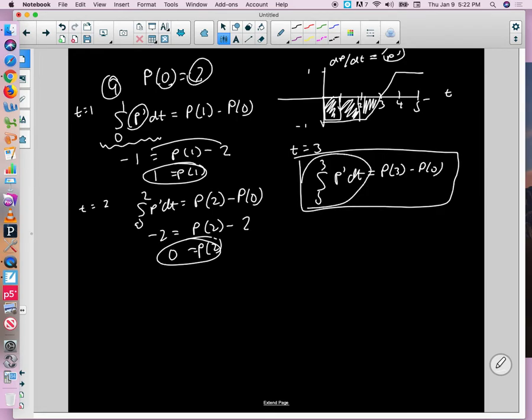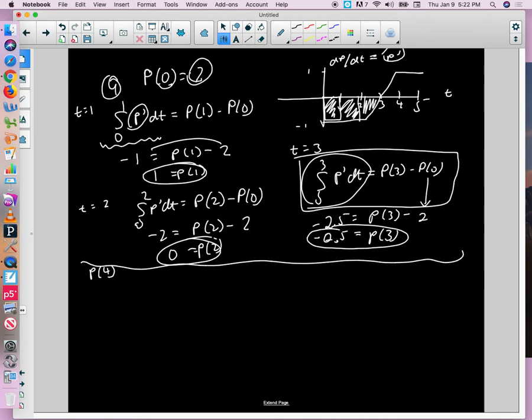Then I figured this out as negative 2.5, p of 3 minus 2. So p of 3 is negative 1/2, negative 0.5.